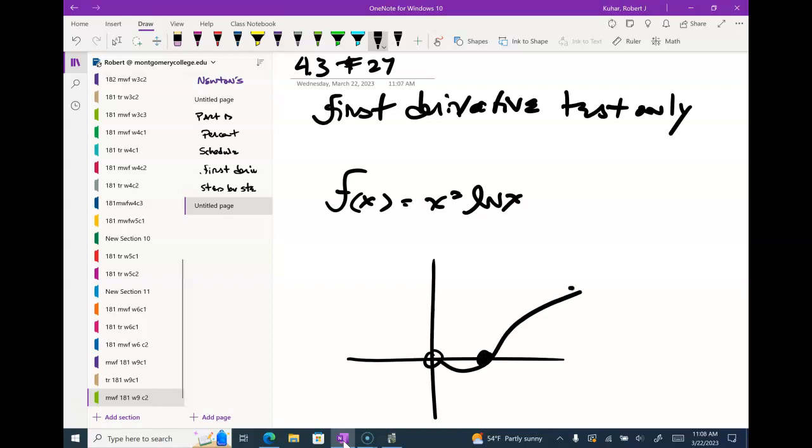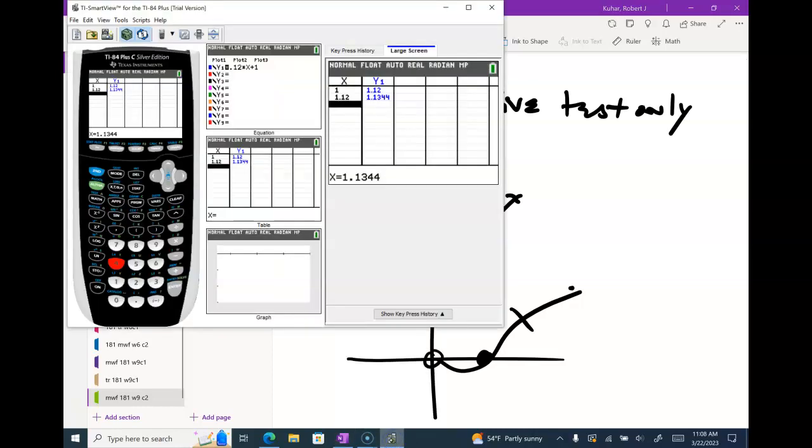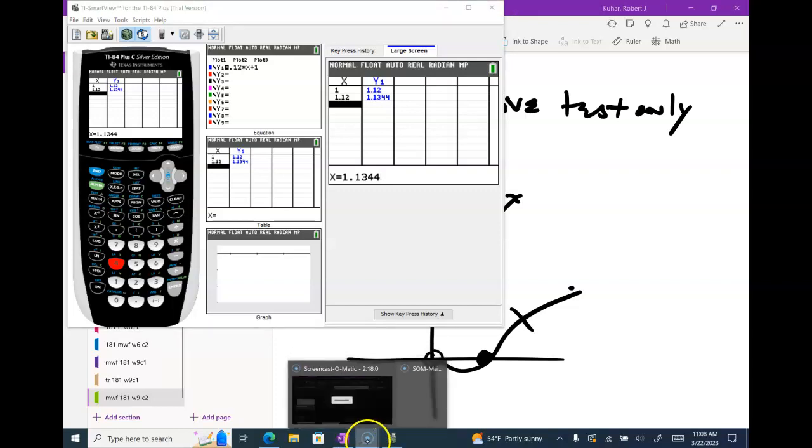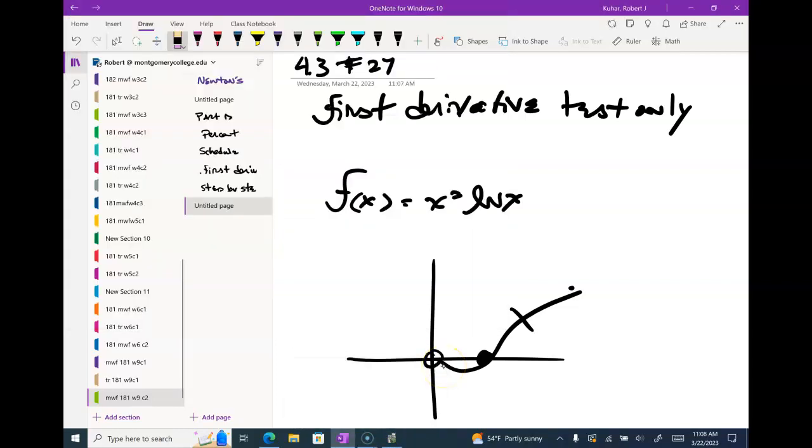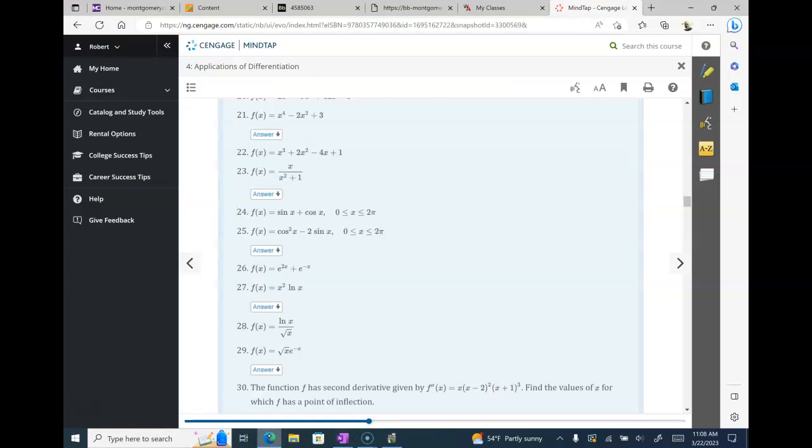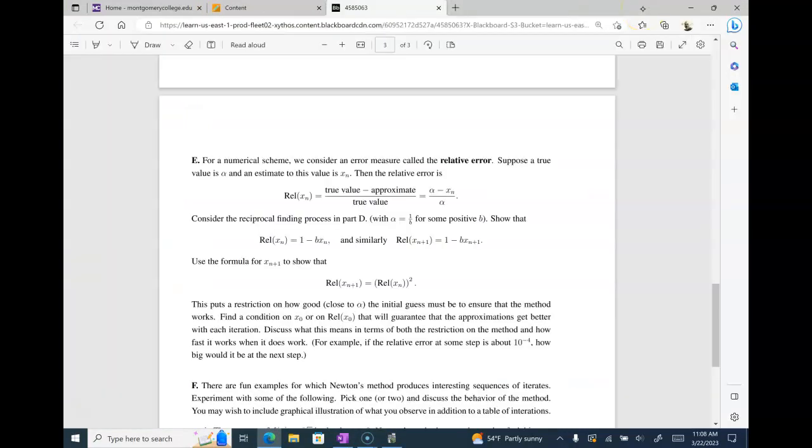It's doing something like that. Maybe not. Sorry. I'll double check with the calculator in a second. I can't erase my memory. What do I have running? The book, WebAssign, Blackboard.